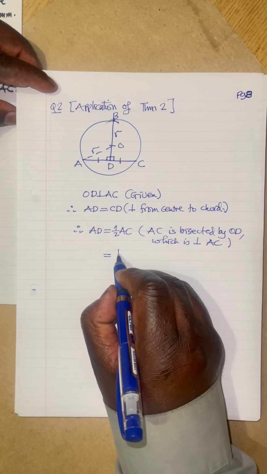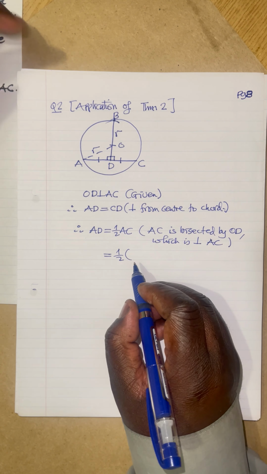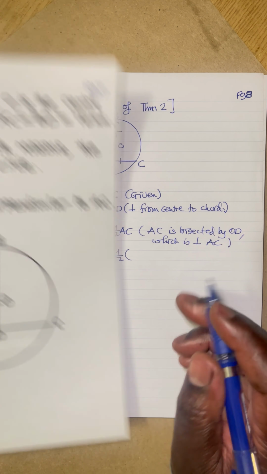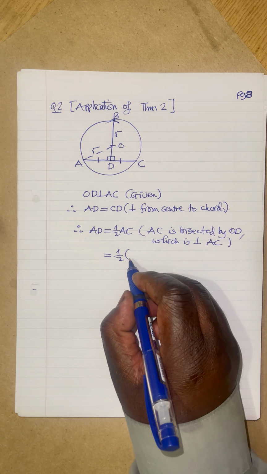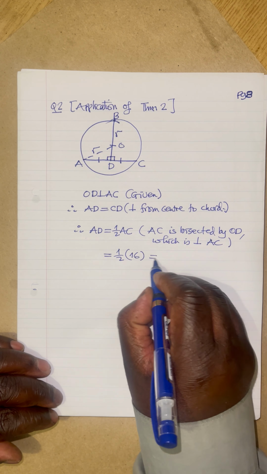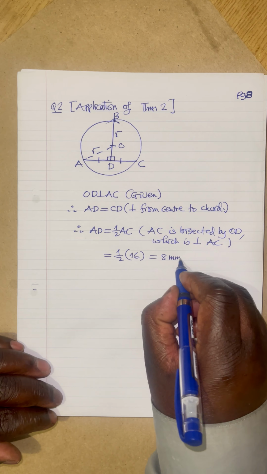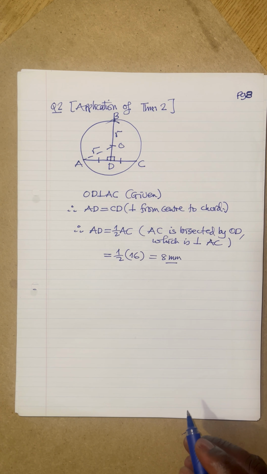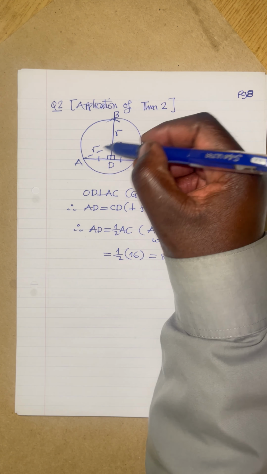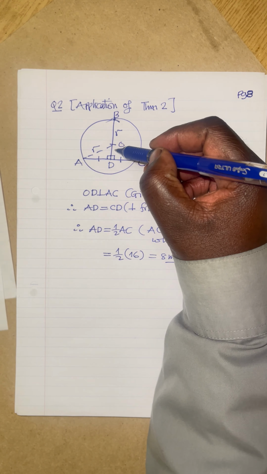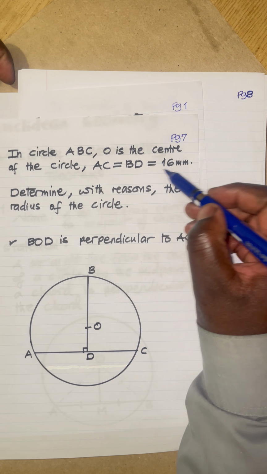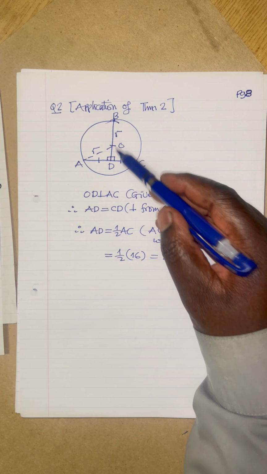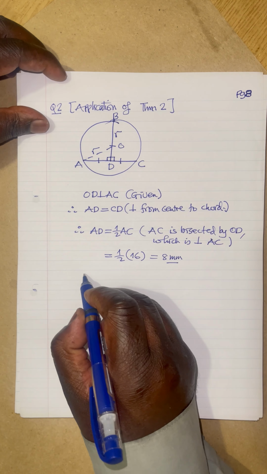Right, just extending there, just for clarity's sake, but basically you understand what I'm trying to say. So this is going to be equal to half of, what is AC? Well, AC has been given as 16 millimeters up here. So this is going to be 16, and what do we have? 8 millimeters. Right. Now, we are also told that AC equals BD. Here it is. AC equals BD equals 16. So we are now saying, check this out.